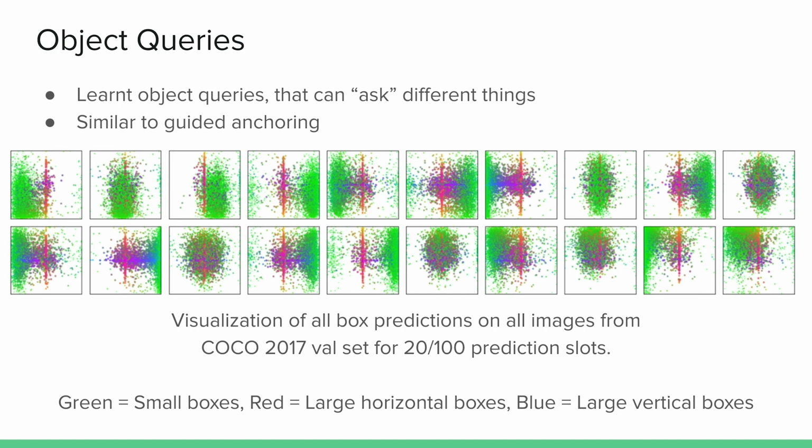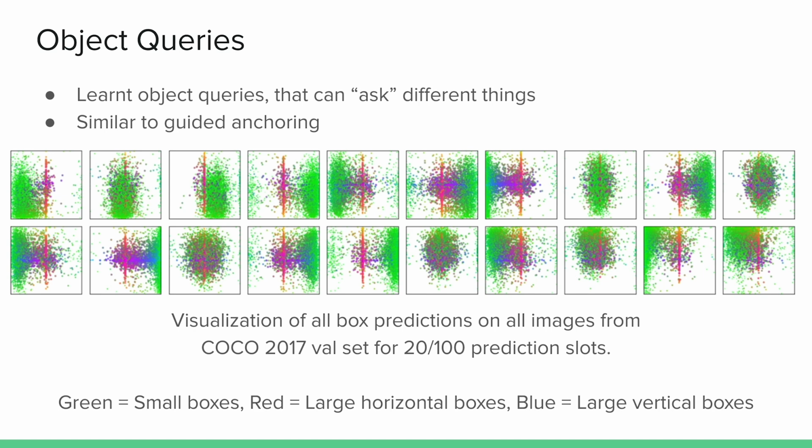So in that example, they had 100 object queries, and they are showing this visualization of 20 of those. You can see one green dot for a small box and where that box appeared. Red would be large horizontal boxes and blue large vertical boxes.